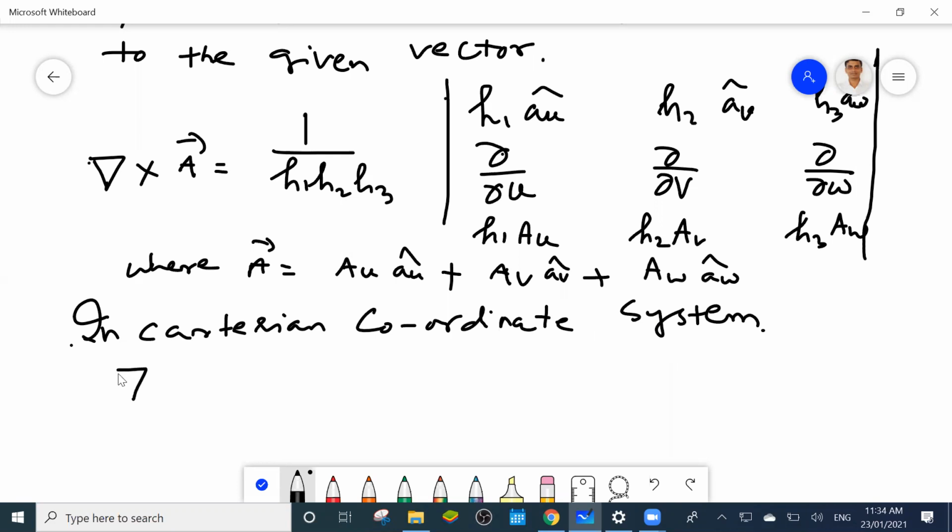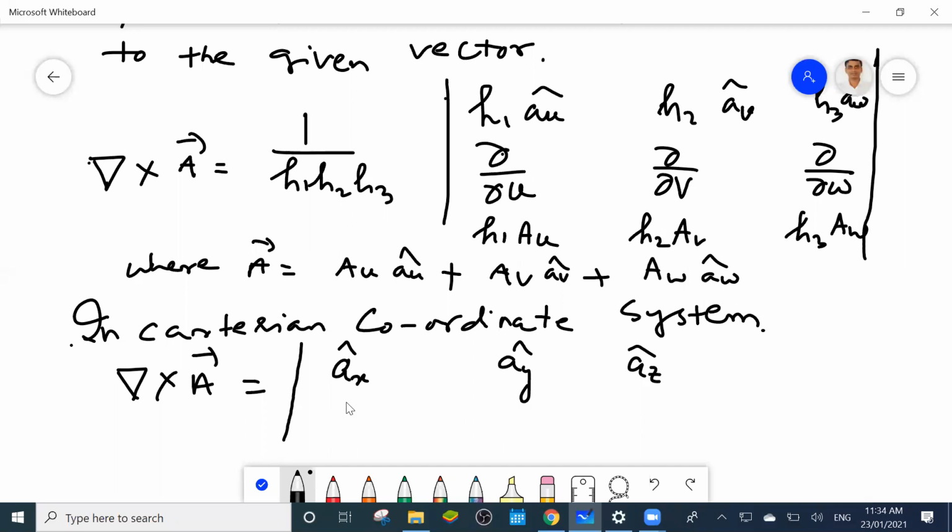Del cross A, or curl of A, is 1 by 1, 1, 1, so 1. You can write the determinant with a_x cap, then a_y cap, then a_z cap, because u becomes x, v becomes y, and w becomes z.